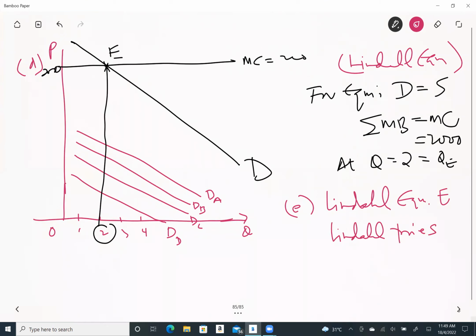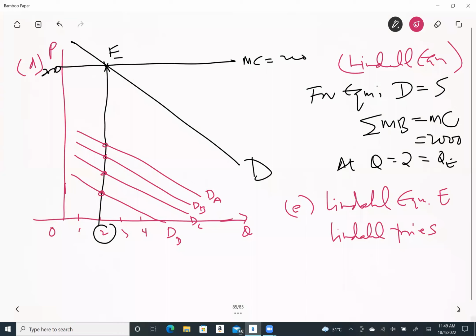Anybody remember Lindahl prices? Each of the price at equilibrium. So at Q equal to 2, you will determine how much everybody pays. And how much everybody pays will depend on their own marginal benefit or their willingness to pay.